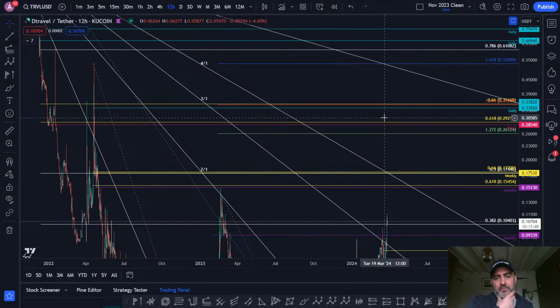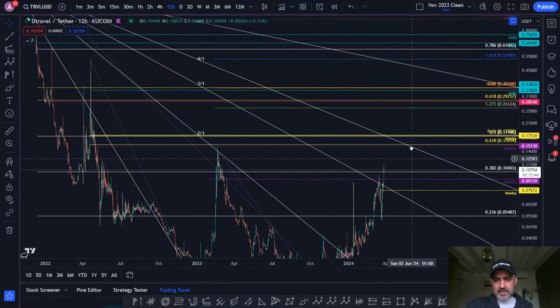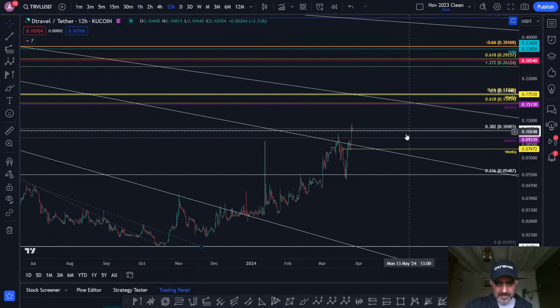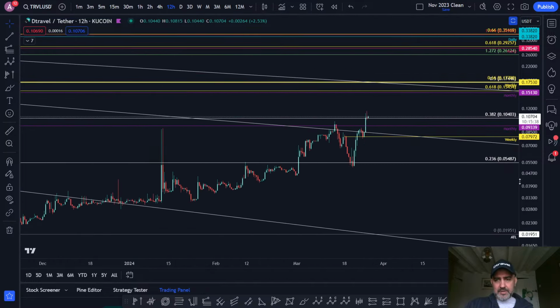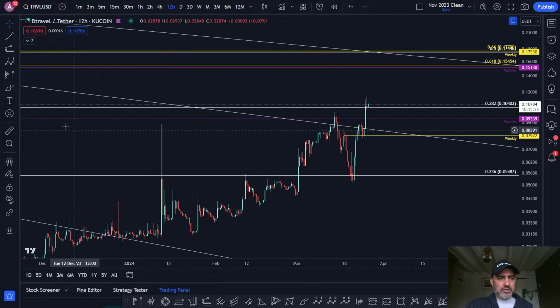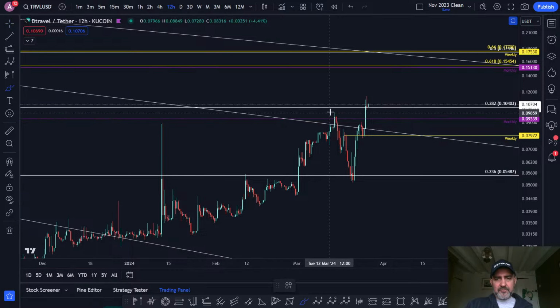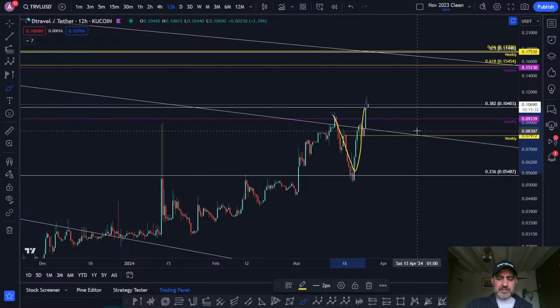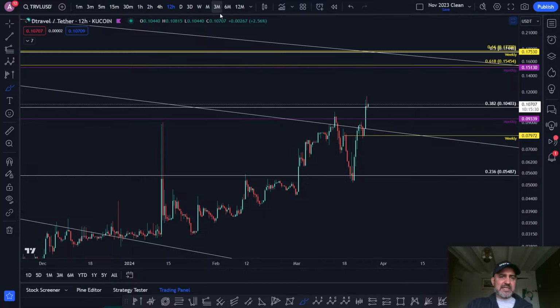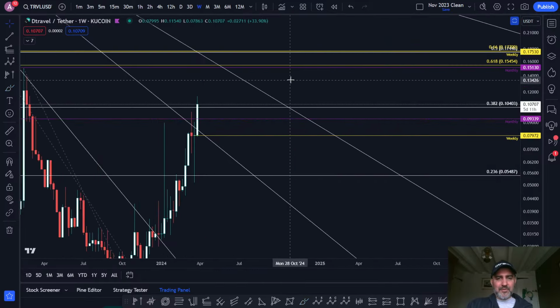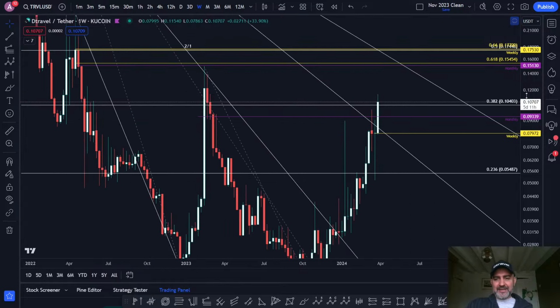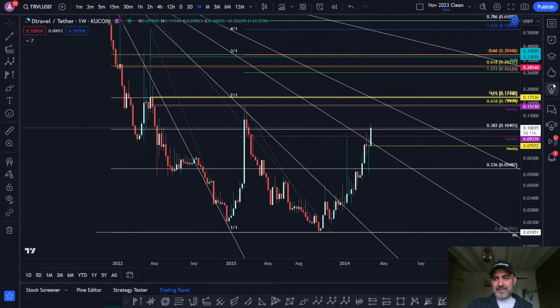Okay, so that's kind of where I'm at, and I'm not interested in touching my position right now, because this is a crazy bullish V-shaped recovery. That's off the charts bullish. When you see that, you don't mess about with your bag. You just leave it.